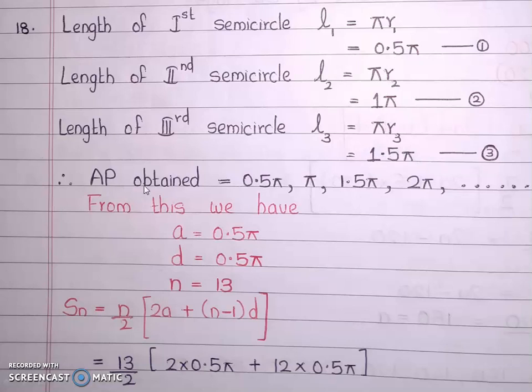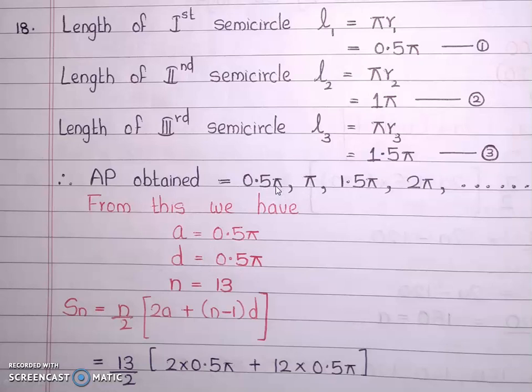So what is the AP obtained? AP obtained is 0.5 pi, pi, 1.5 pi, 2 pi, etc. So you got the first term, second term, third term, etc. From the first two terms, you will get common difference.